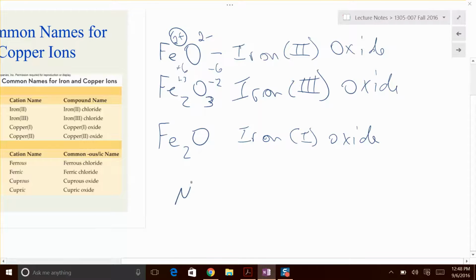Try this one. What's the name of this? Mn is manganese. Manganese blank oxide.